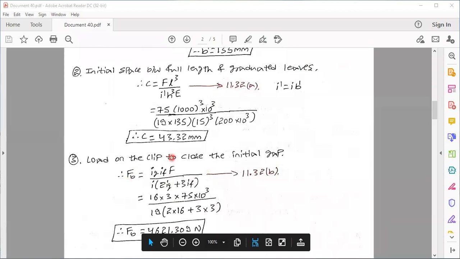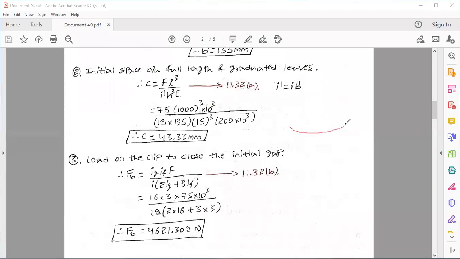Load on the clip to close that initial gap. Whatever this is, the full length leaves and this is the graduated leaves. Whatever the space which you have calculated, that is C, you have calculated. Now how much load is required to close this gap?